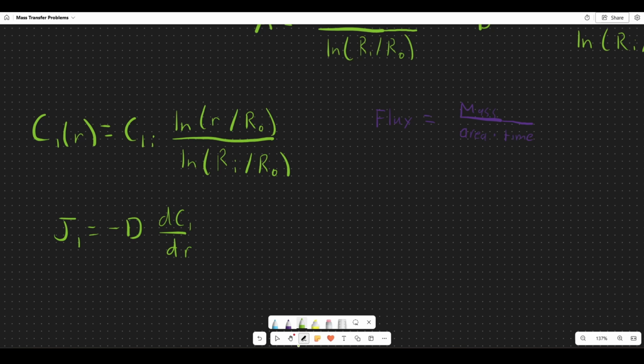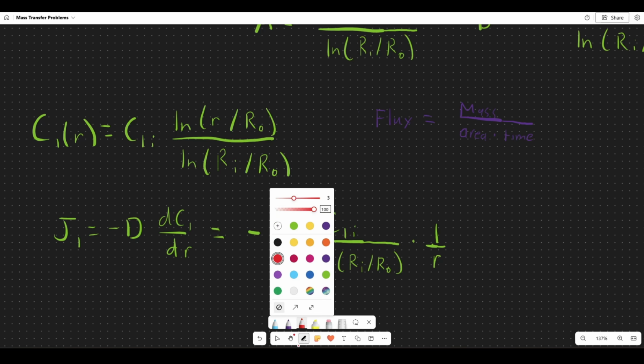And so if we take the derivative of the concentration profile, what you get is J1 equals minus D times C1i divided by ln of Ri by R naught times 1 over R, right? Because the derivative of ln of R is 1 over R. And so this is now your flux, right?